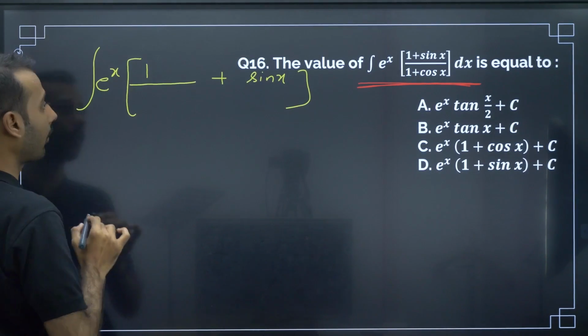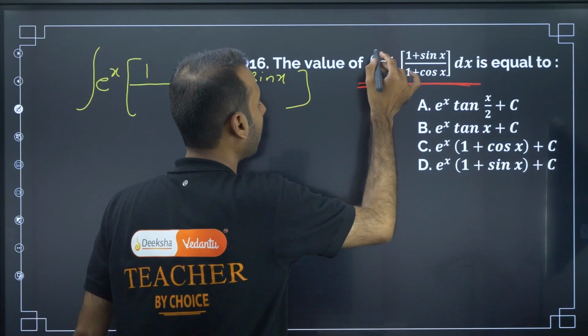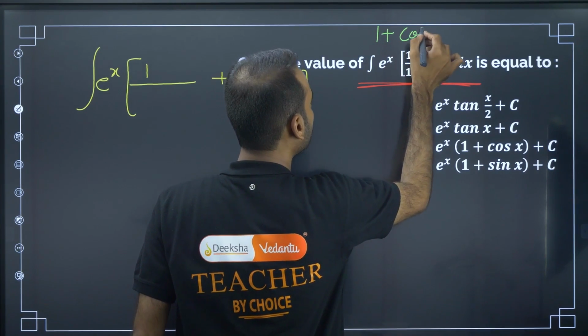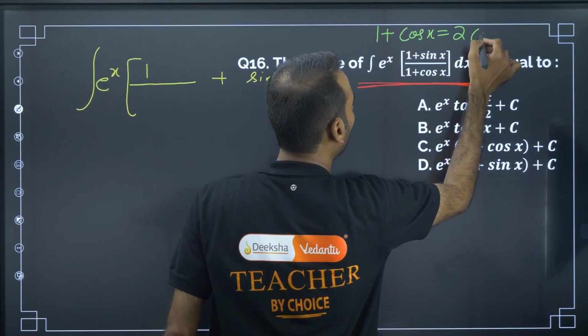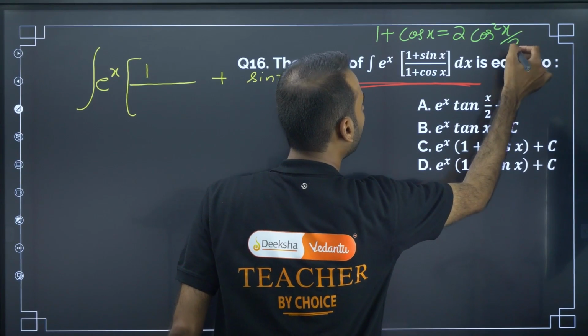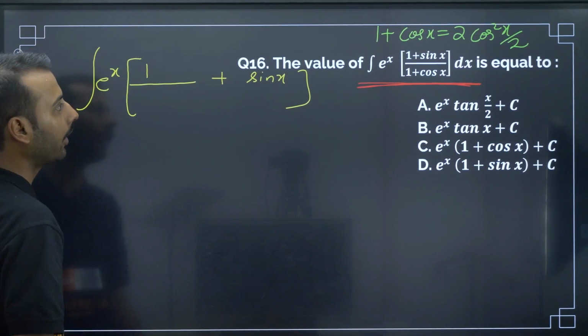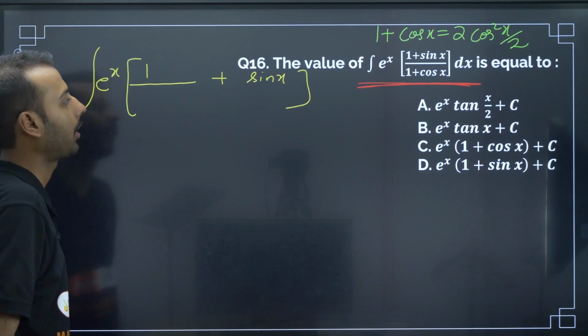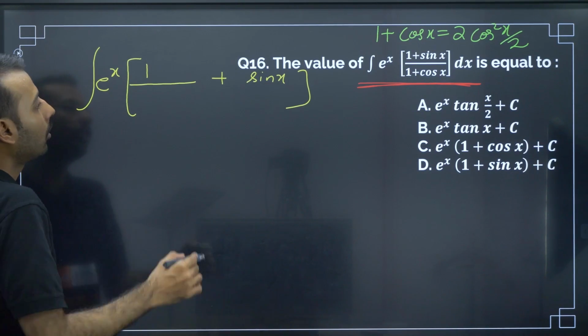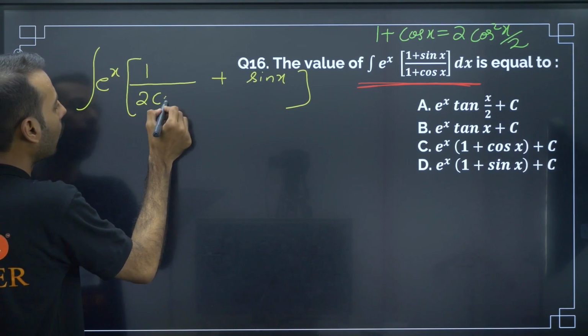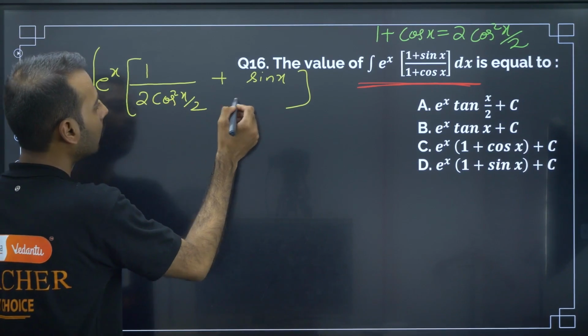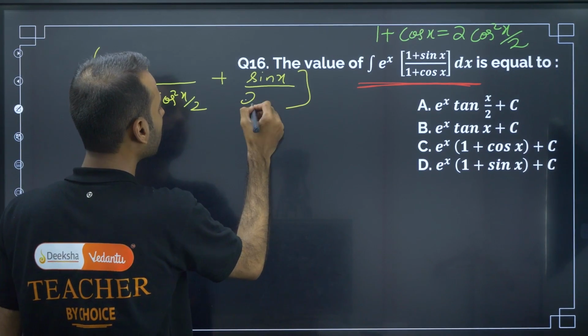Trigonometry is very important. 1 plus cos x is equal to 2 cos square x by 2. From trigonometry you should be able to recall that 1 plus cos x is equal to 2 cos square x by 2.